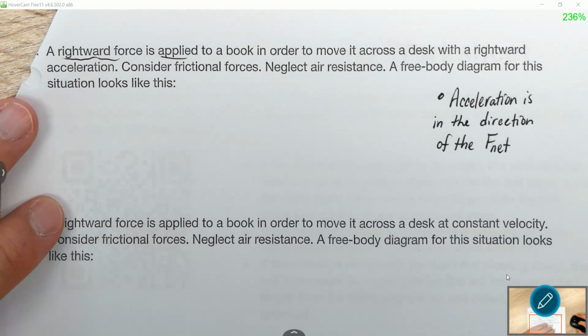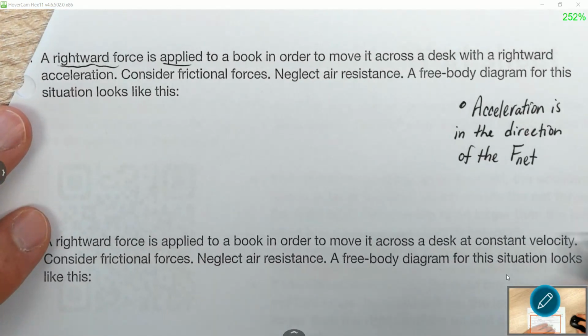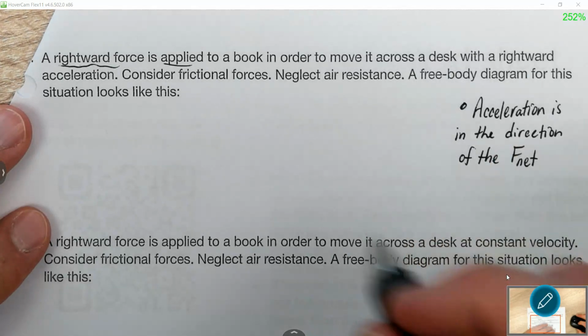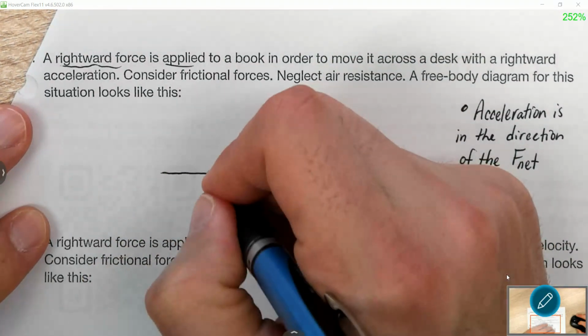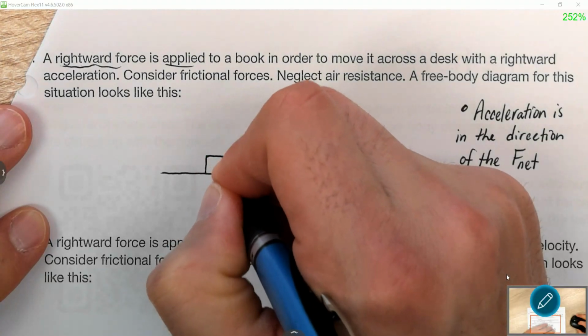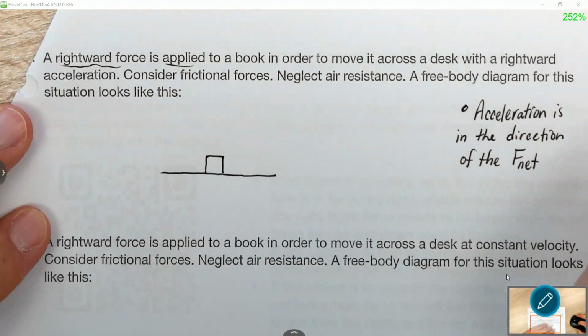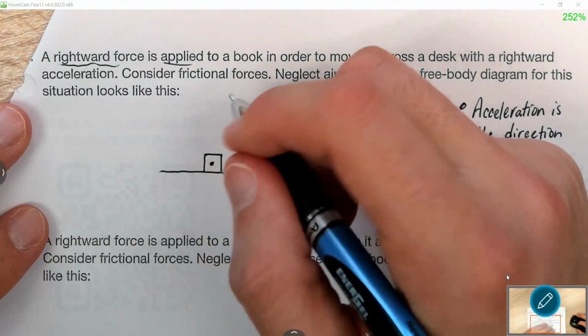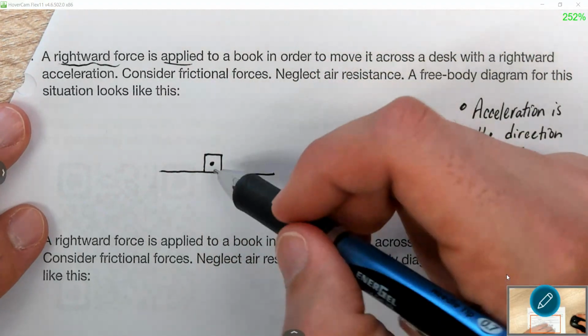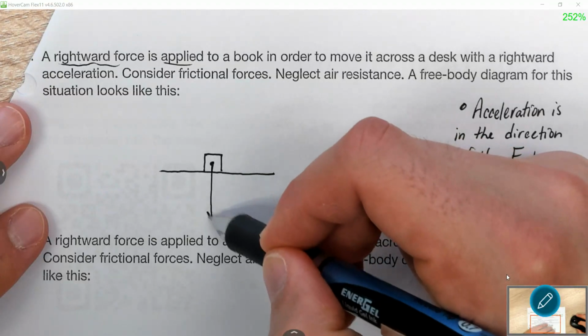So, are we on a flat surface? Yeah, because we're moving across a desk. So I'm going to draw my flat surface. I'm going to draw in my object, in this case our book. Draw my little dot in the center. First thing you should always do: down arrow, FG.